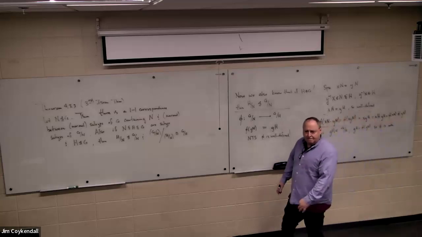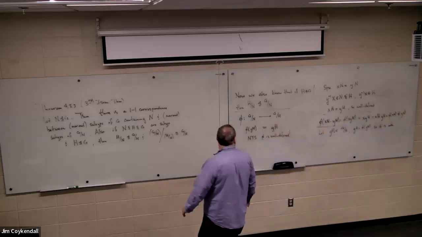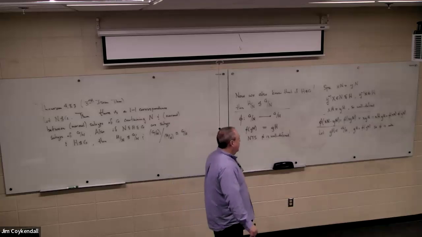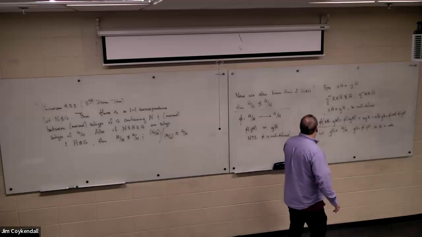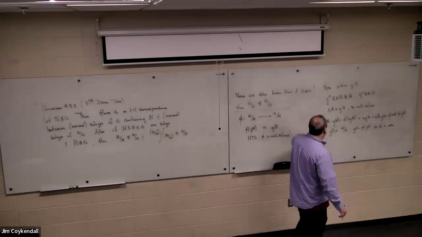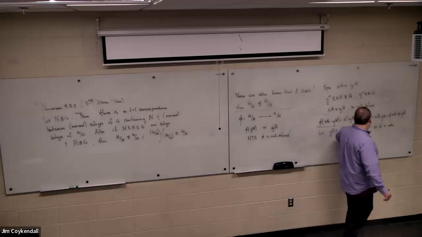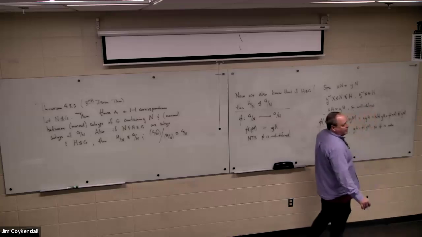Okay, so yes, I was following you, but how does that conclude that it's onto? Because any element of G mod H can be written in this form, right? To cover this arbitrary element, all I have to do is say phi of gN is gH, and then I've covered an arbitrary element.